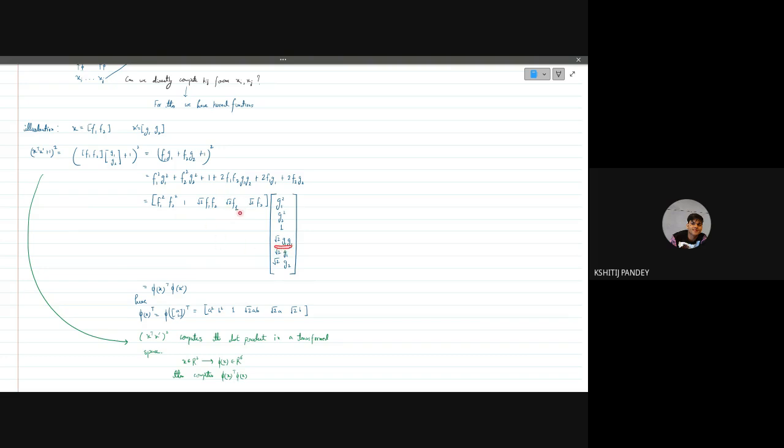Sorry, my bad, I think I said something wrong. This right here is root 2 F1 F2. This right here is root 2 G1 G2. This right here is root 2 F1. This is root 2 G1, and this is root 2 F2, and this last component is root 2 G2. So they are in the same form, right?